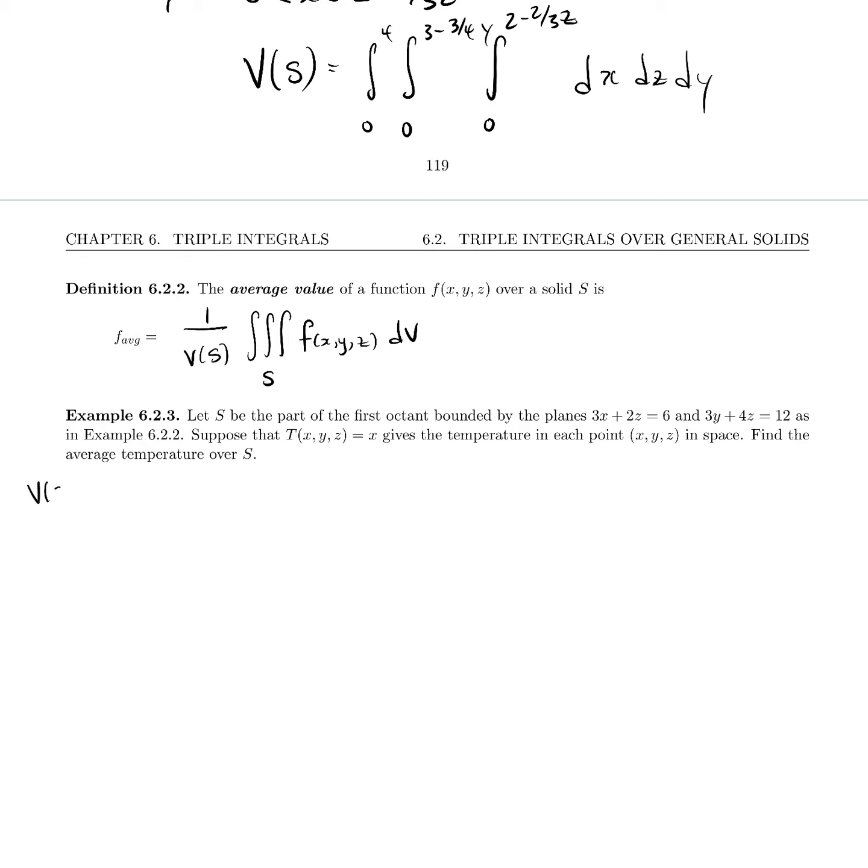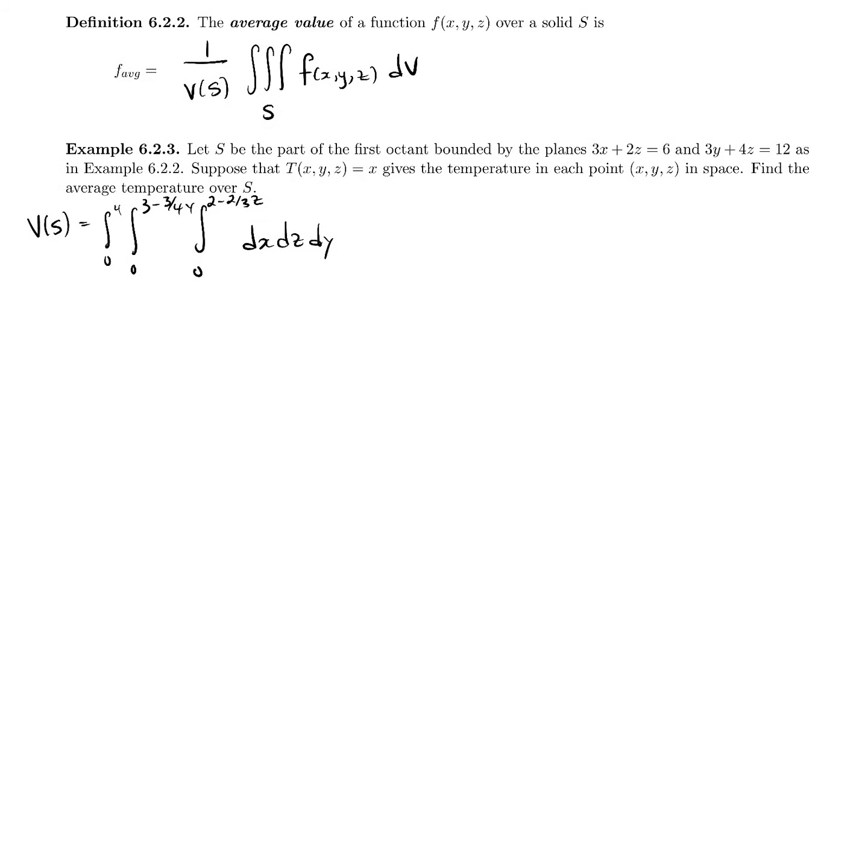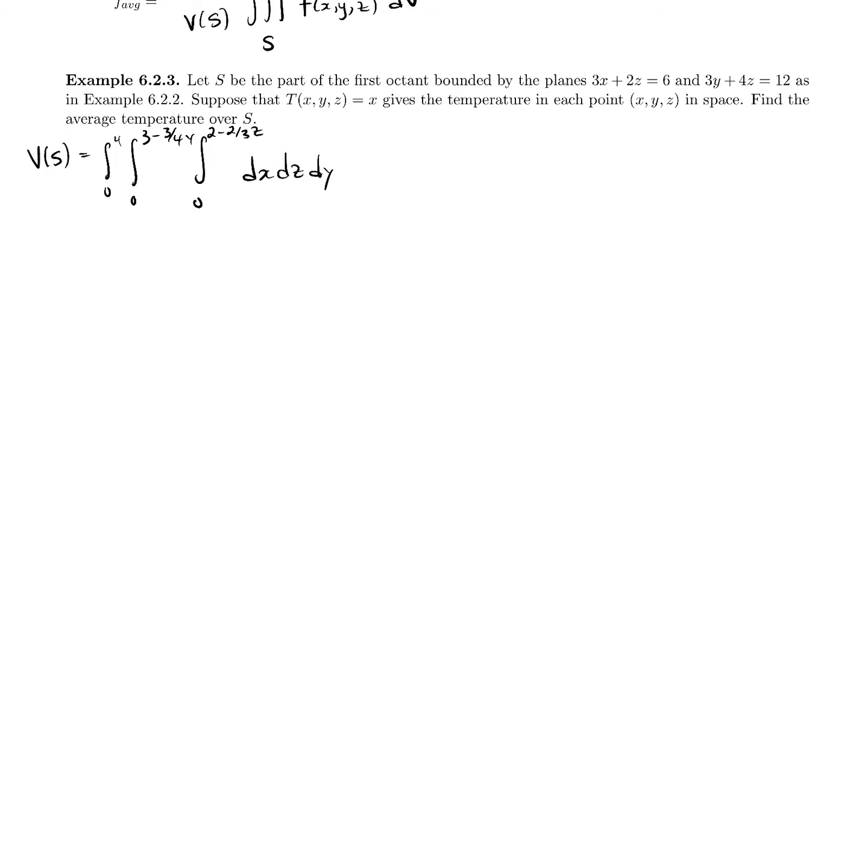So the volume of S is the integral from 0 to 4, the integral from 0 to 3 minus 3/4 y, the integral from 0 to 2 minus 2/3 z of 1 dx dz dy. So let's go and evaluate this.